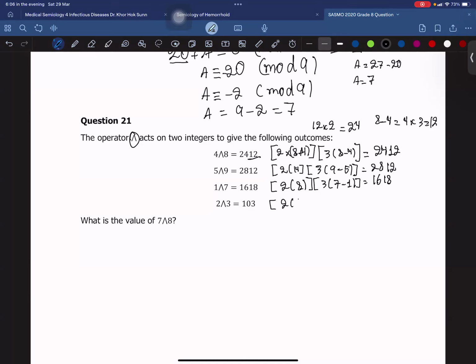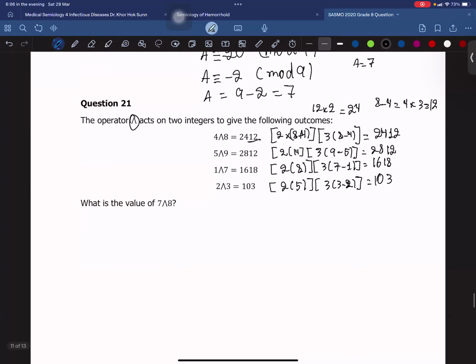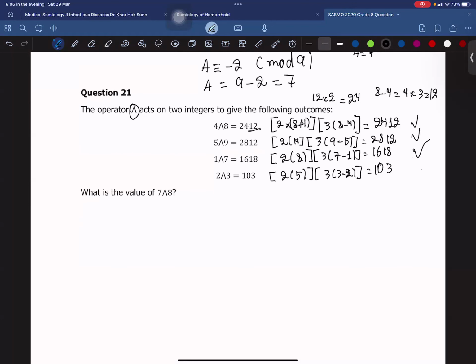So 2 and 6. 3 minus 2, which is 1. No, wait, we plus. So 3 plus 2 is 5. Okay, so we got 10 and 3, which is correct, and the operation worked with every number that they gave us.